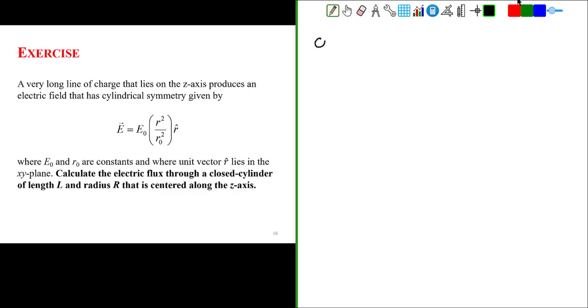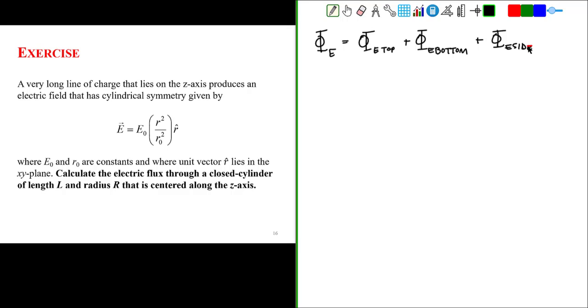I'm going to rewrite our total integral. And the first thing I'm going to show you is why the electric flux through the top surface and the electric flux through the bottom surface are both equal to zero.